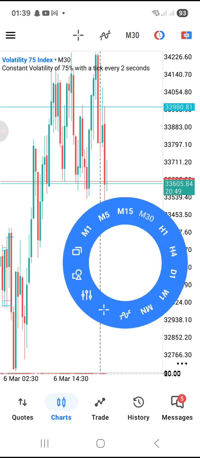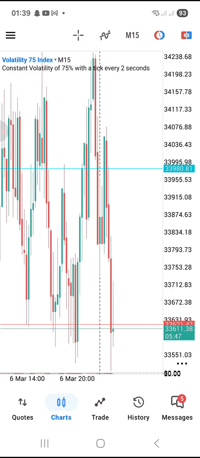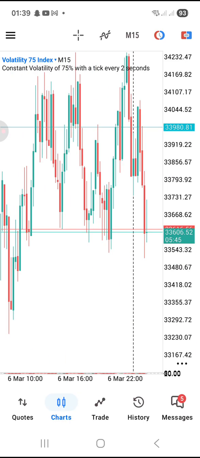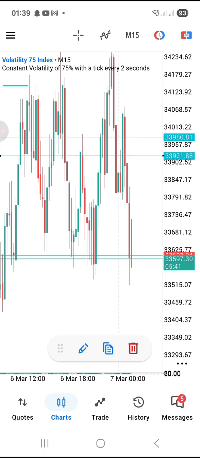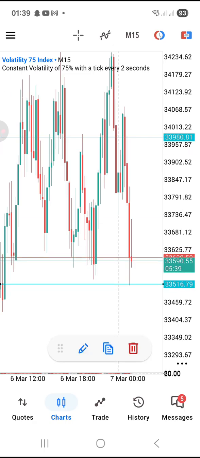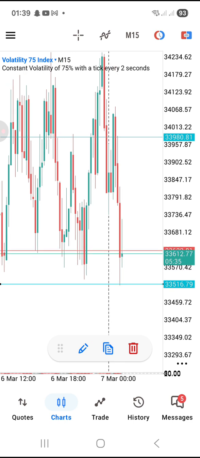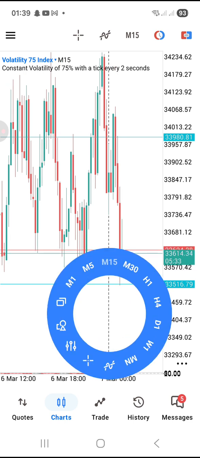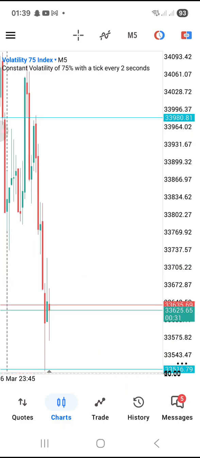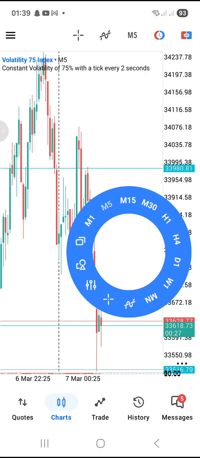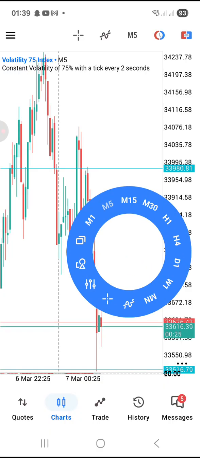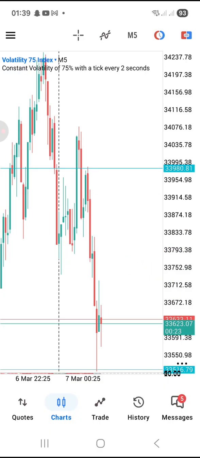Okay, so 15 minutes. Something is happening here. The pressure is still down also. Then our 5 minutes. There's a break of structure here, but it's just a sweep.